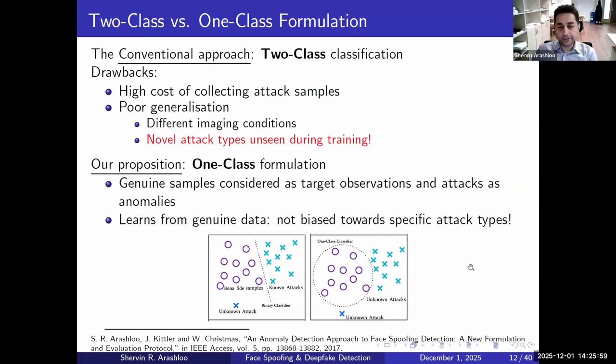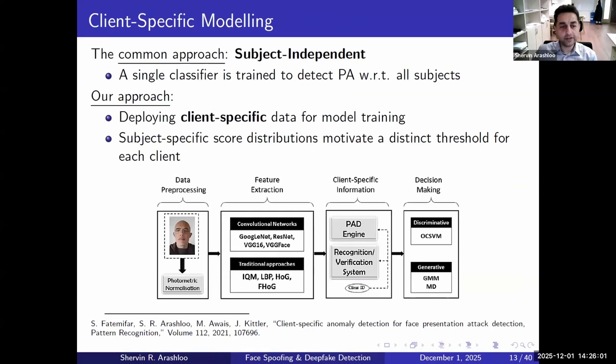So our second contribution for face PAD or presentation attack detection was, again, conventionally, people try to train a single classifier which is applicable to all subjects. Say 10,000 subjects enrolled into our face recognition system, only a single detection system was trained.